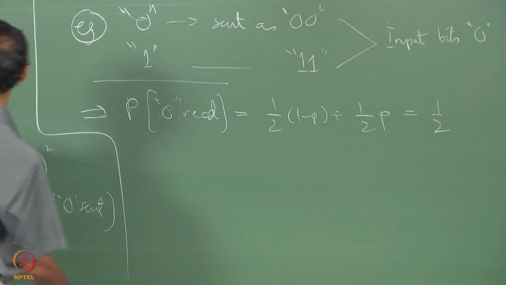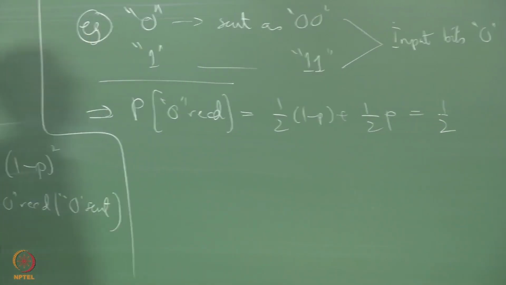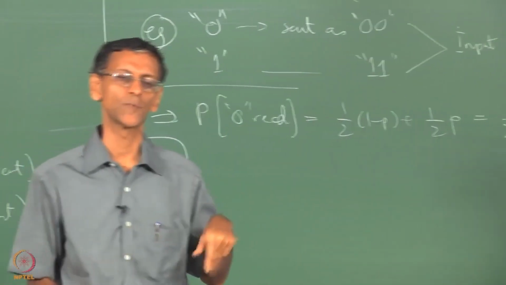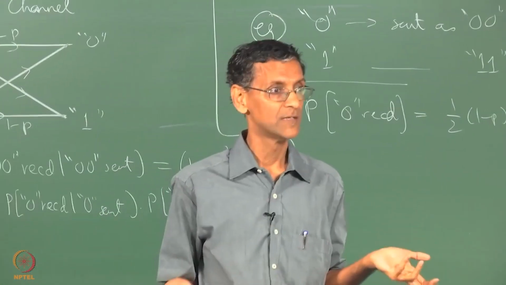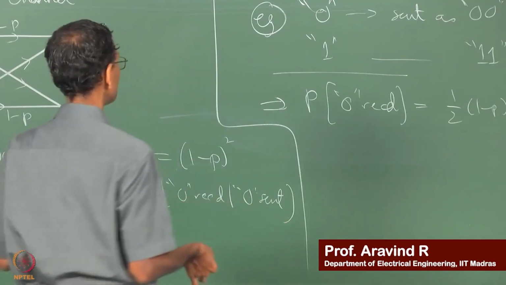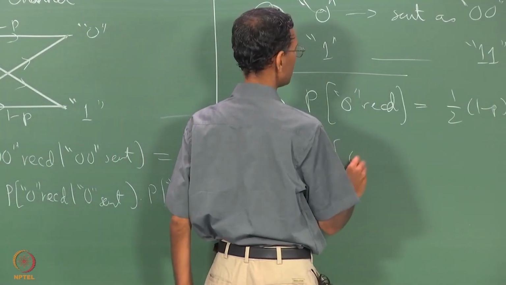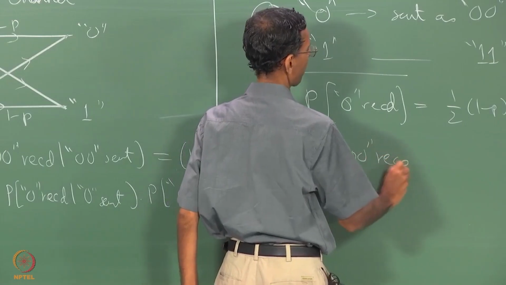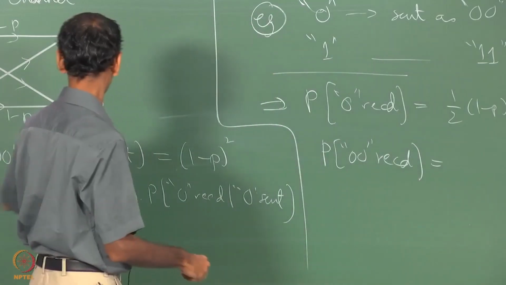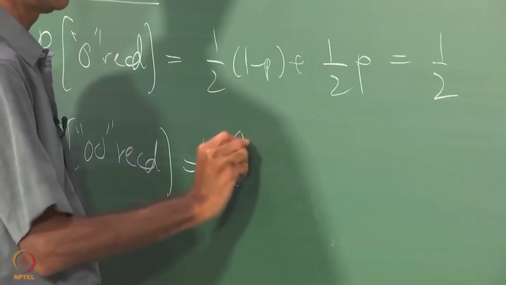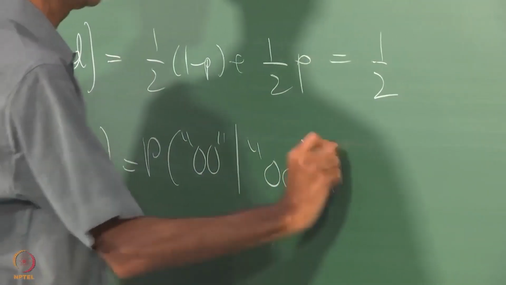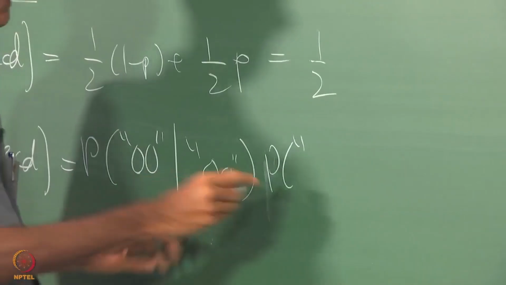But what is the probability of getting a double 0? This same 0 is being sent as a double 0. So the probability of sending a double 0 is also half, because you are repeating that 0. So the probability of receiving double 0 is basically the probability of 0 0 given 0 0 times the probability of the input.